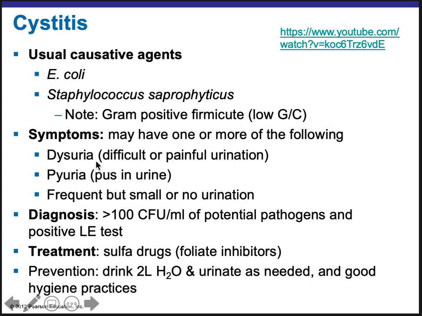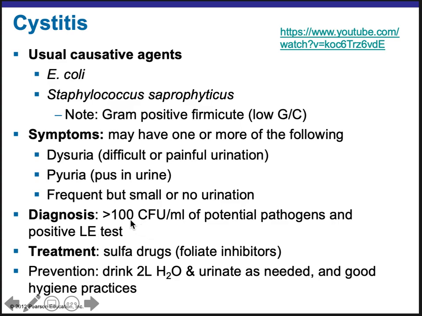So, of course, if you have difficult, painful urination, you should go to the doctor. If maybe it doesn't hurt, but you feel like you're having to go often, that would also be cause to go to the doctor. They'll take a urine sample and do a little dipstick test to test for leukocyte esterase. Then they'll also take that sample and grow a culture.